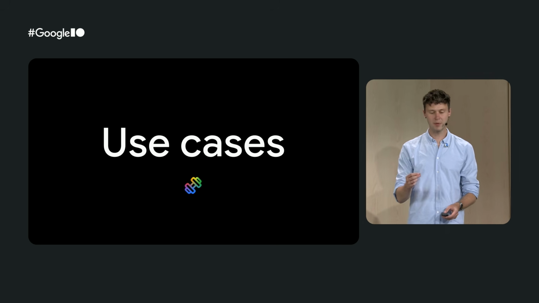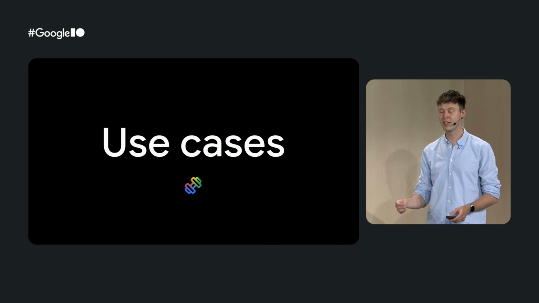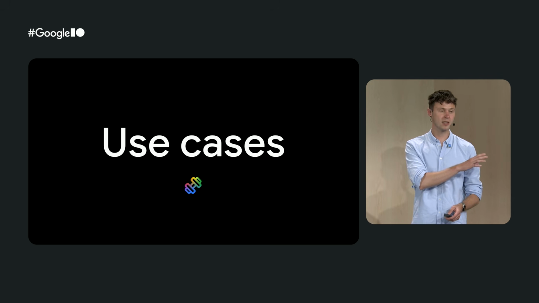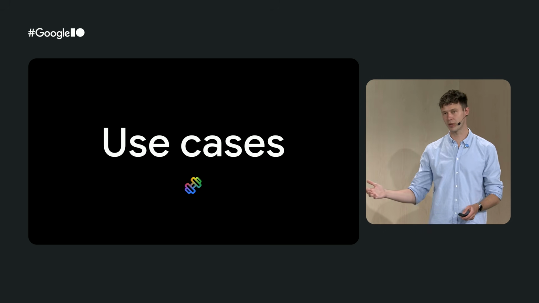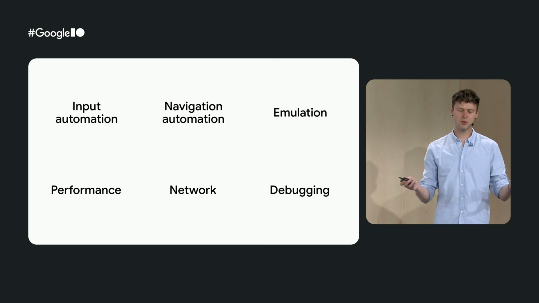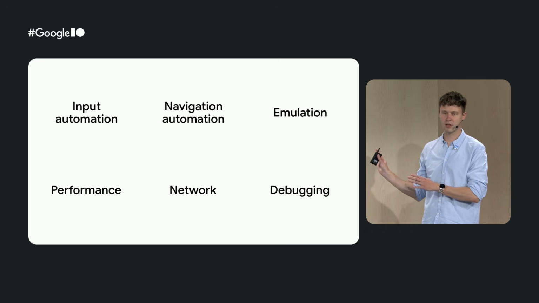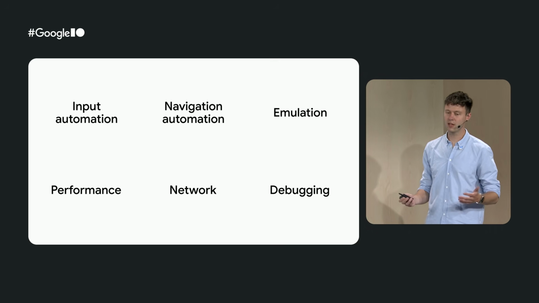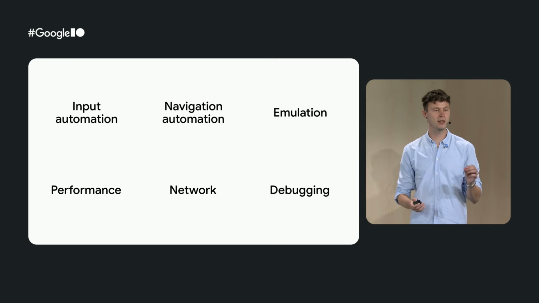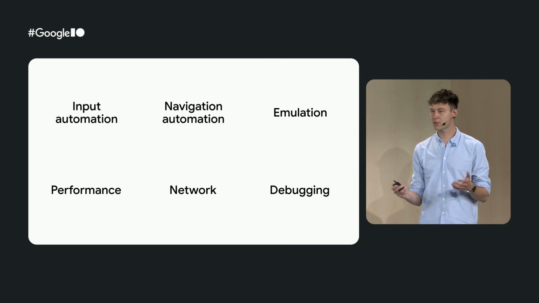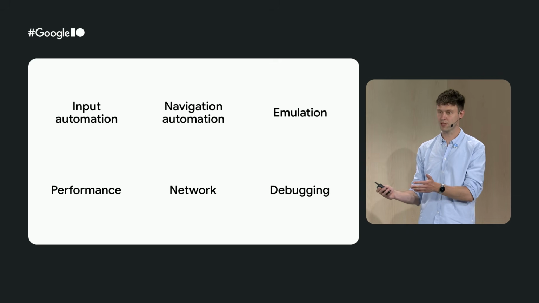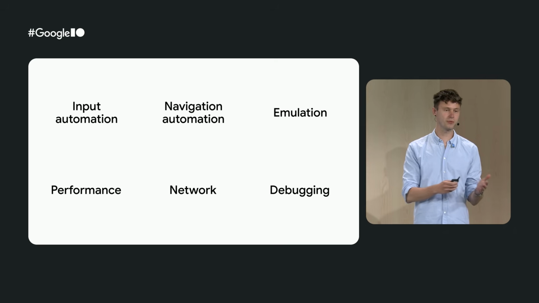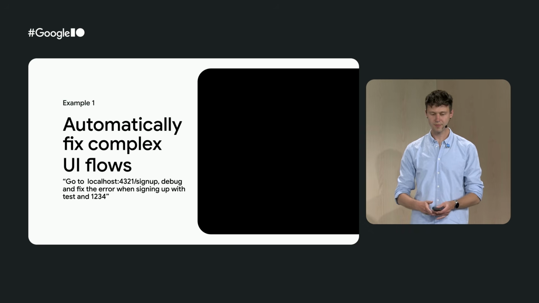Instead, we wrapped key Puppeteer capabilities in a set of distinct tools properly described, and by this, easier to consume by your coding agent. Those tools can be divided into 6 overall categories. In this section, I want to walk you through 3 different use case examples, exploring how tools from multiple categories play together to fulfill a certain user prompt.